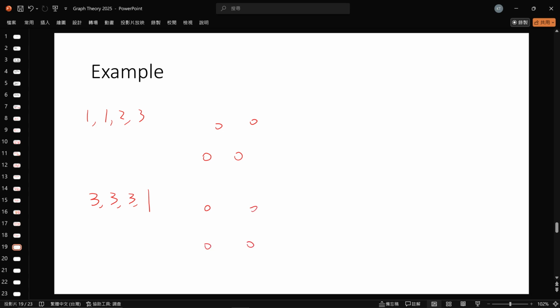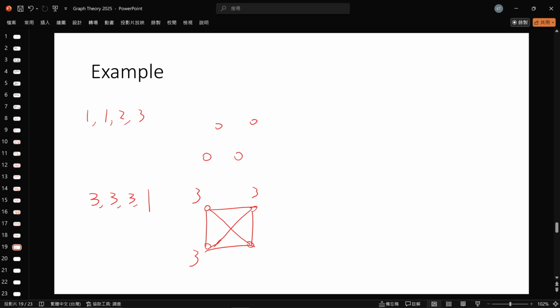Since we have 3 vertices of degree 3, let's say this one has degree 3, this one has degree 3, and this one has degree 3, okay? Since they have 3 neighbors, the top left vertex must be adjacent to the remaining 3 vertices. Again, the top right vertex must be adjacent to the remaining 3 vertices, and the bottom left vertex must be adjacent to all the other 3 vertices.